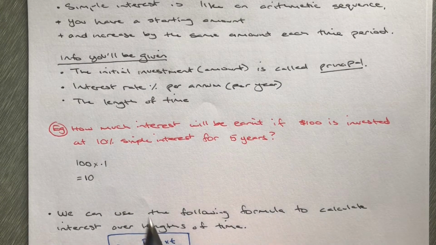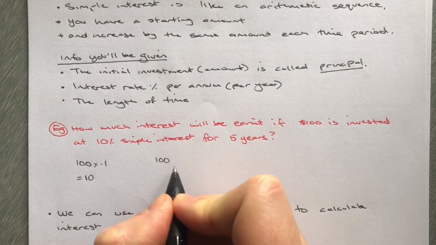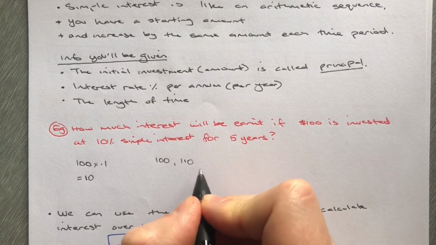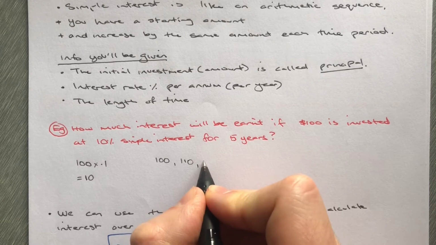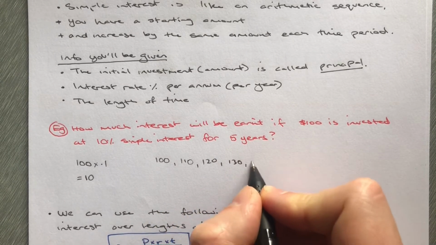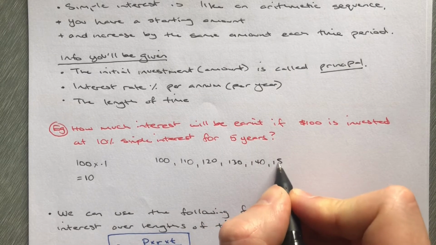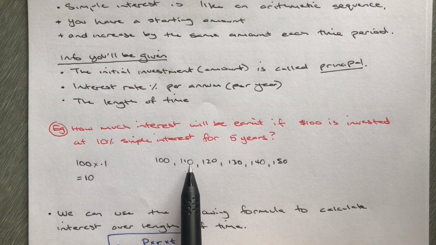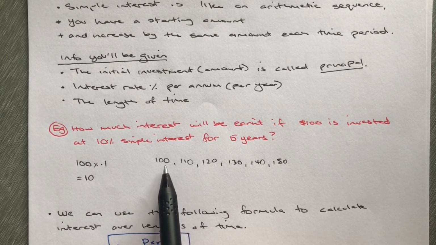So we start off with 100. After the first year, you'd add 10 onto it. After the second year, you'd add another 10 onto it. Do we see how it keeps on going up by the same amount? After 1 year, we'd have 110 because we started with 100.